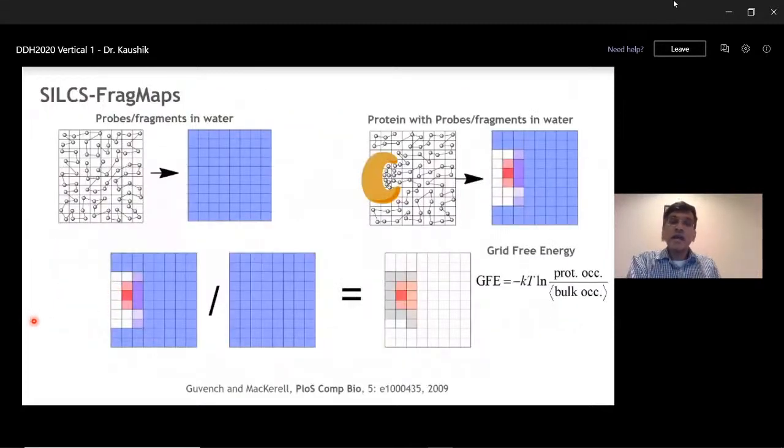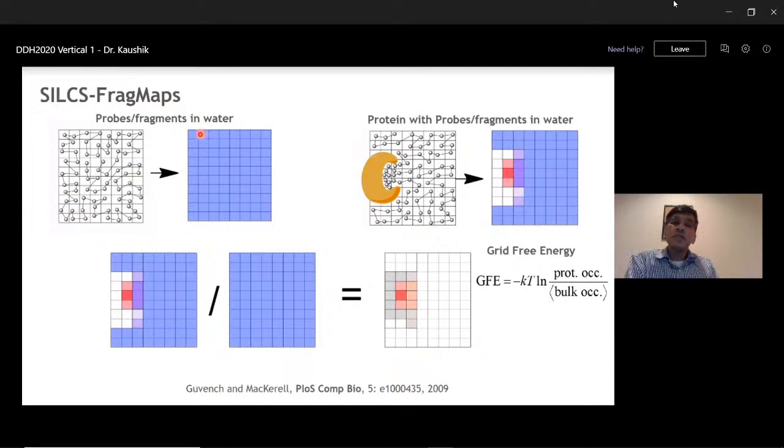So what are these frag maps and how do we get these affinity patterns? Consider the situation on the top left first. Say you have just an empty solvent box, just water. And in the solvent box, let's consider a given probe molecule, for instance, methanol. Let's say you take this solvent box and you run a really long MD simulation.